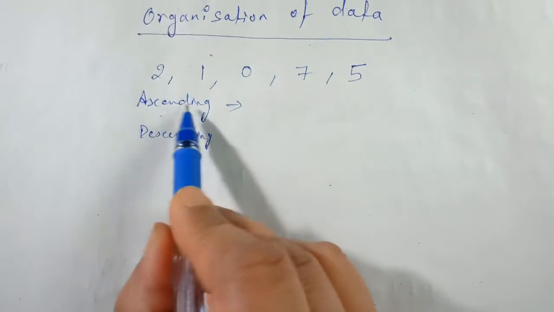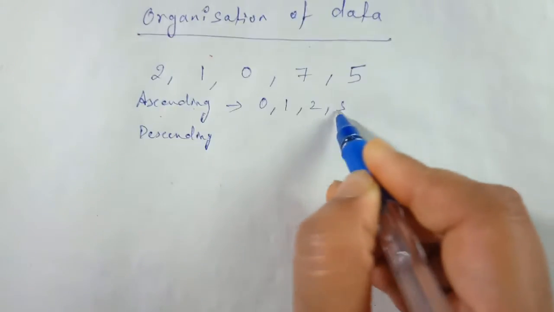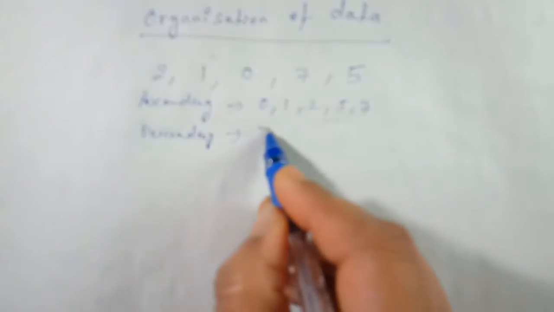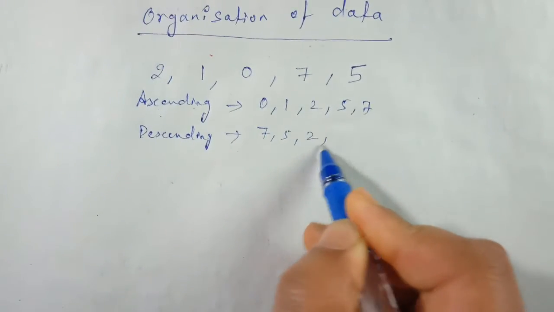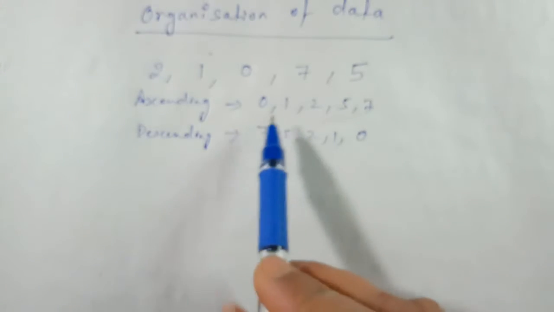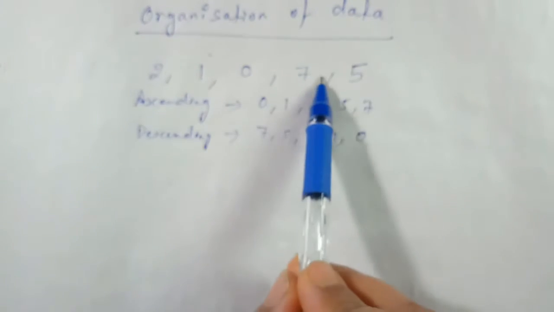Ascending means smaller to greater, so it will be 0, 1, 2, 5 and 7. Descending means the biggest first, then smaller, and the least number at the last. This way we can organize very small data.